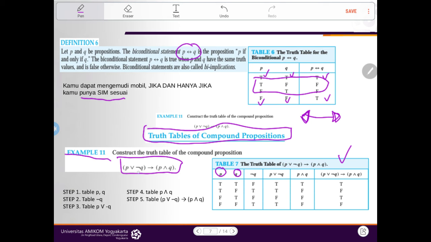If Q is true, then not Q is false. This is actually the contradiction of this. Then we construct this proposition here. I think this is easy to understand, and if you have any questions, we can discuss in detail in our next synchronous lecture.